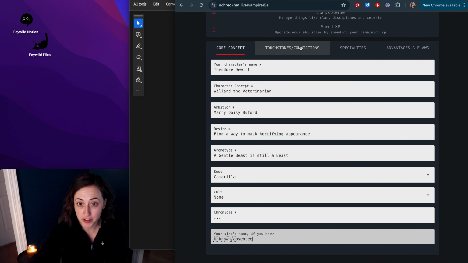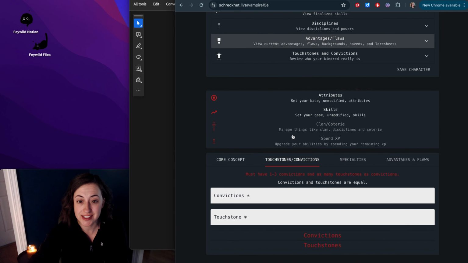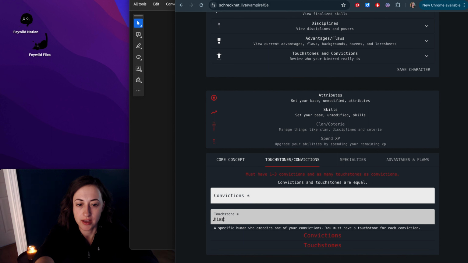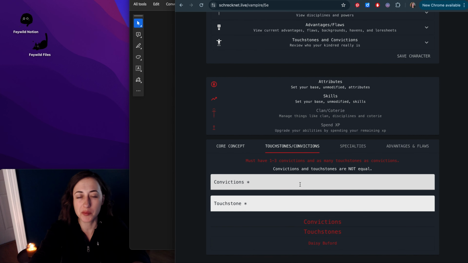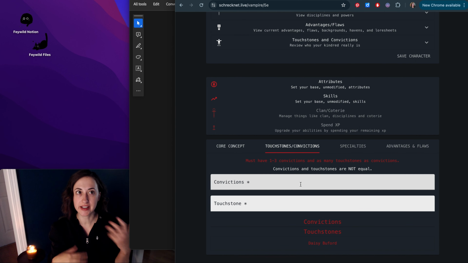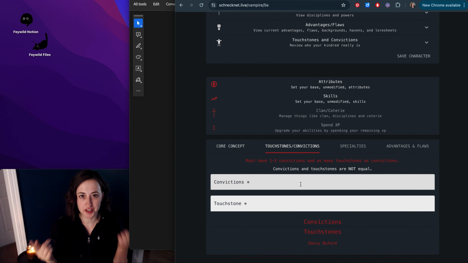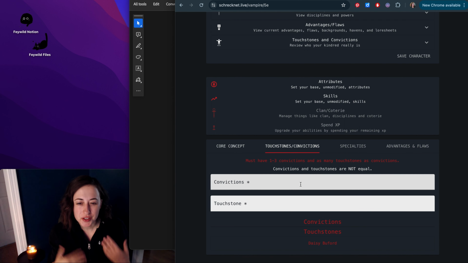And so now we'll move over to touchstones and convictions. Like I said, I already have the touchstone, Daisy Buford. For the conviction, I'm linking it to Daisy. I don't think they have to be linked, but it's the way I thought about them, because for each conviction you need a touchstone, so you need a number, so I think of them as a little bit linked in my head.